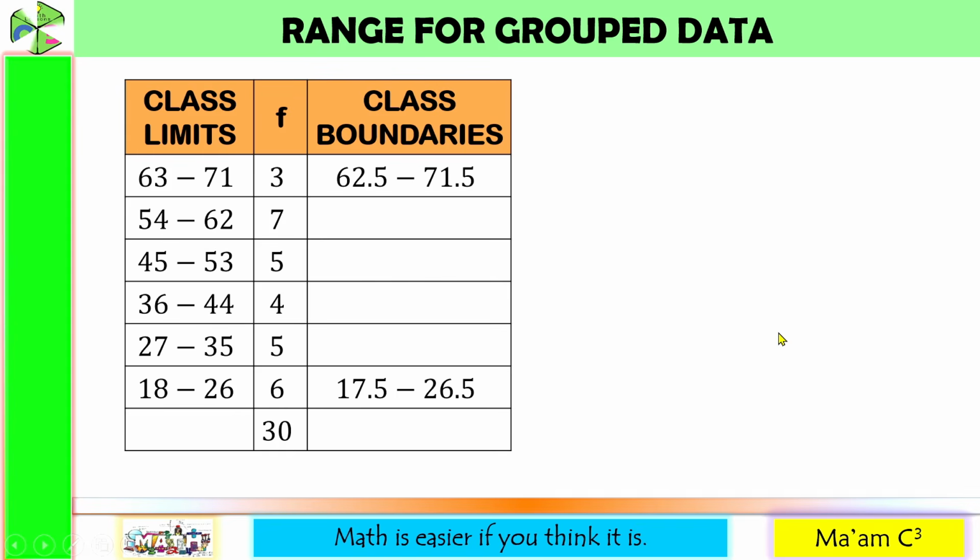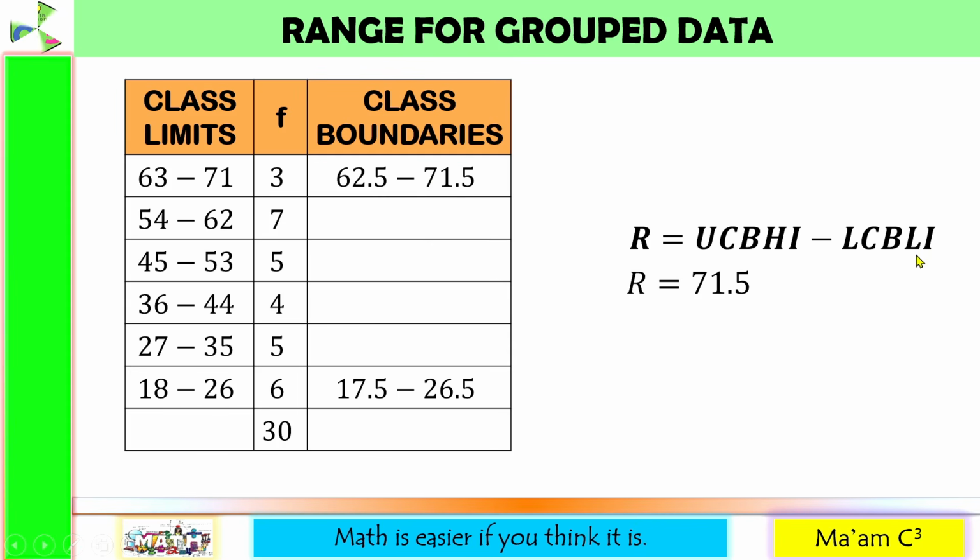Now, let us recall the formula for the range. The upper class boundary of the highest interval. Let us look at the highest interval. By the way, this frequency table is arranged in descending order. Later, I will have an example of a frequency table arranged in ascending order. Again, let us look first at the highest interval, and that is 63 to 71. The upper class boundary is 71.5.